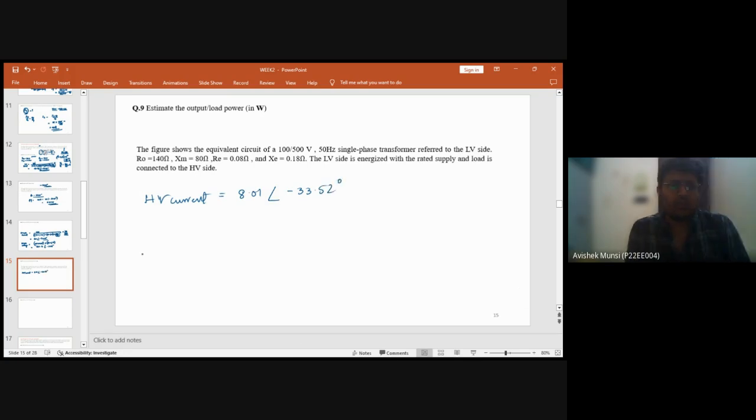Here we have to calculate the output load power. We know that I square, the magnitude of it, times the resistance will give the power, so it will be divided by 50 watt. This is our output load power. It will be around 3209 watt.